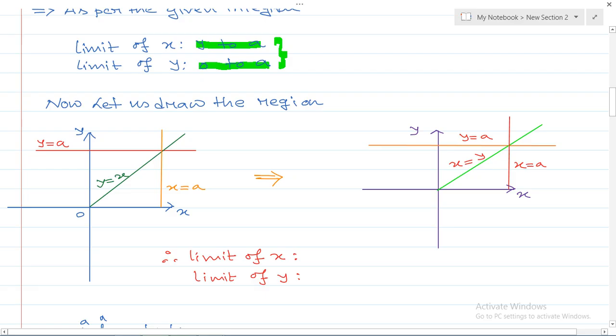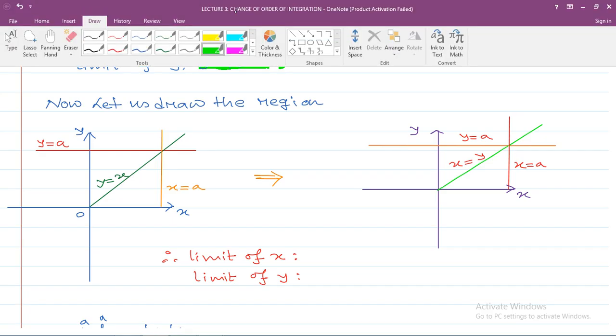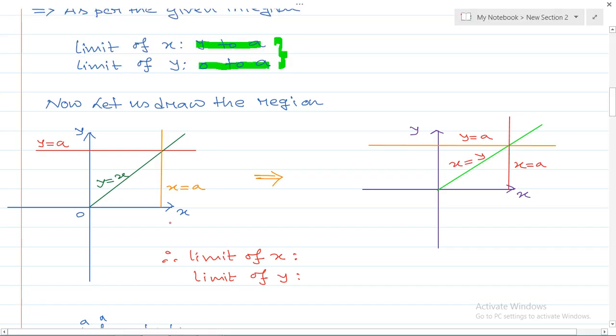Now here most students get confused, since two different triangles appear and they become confused while choosing the triangle. To choose the triangle you have to use the rule that I told you in the previous video lecture: x is measured along the horizontal direction and y is measured along the vertical direction.